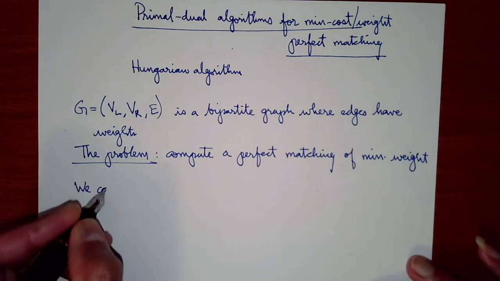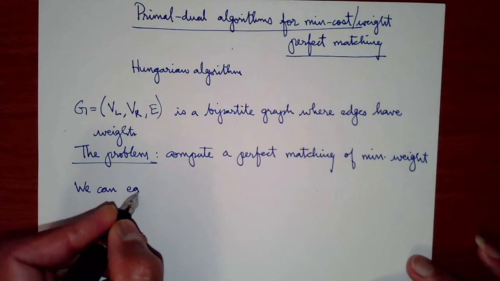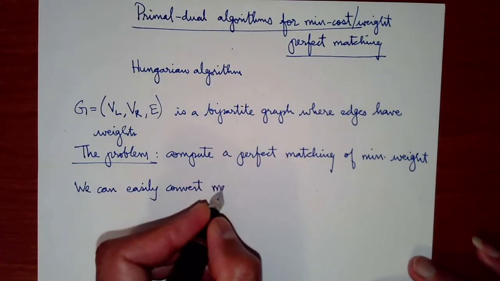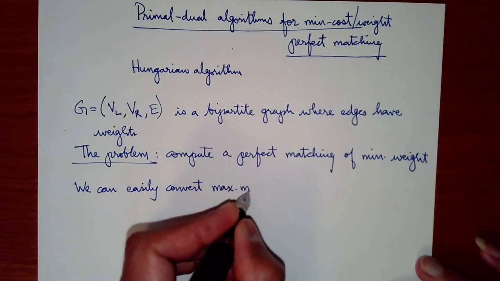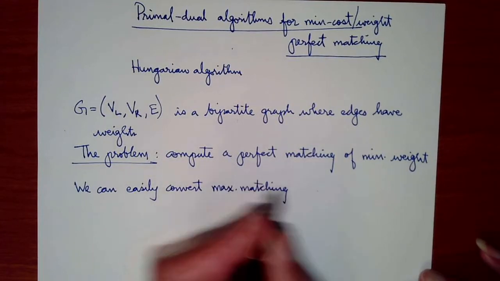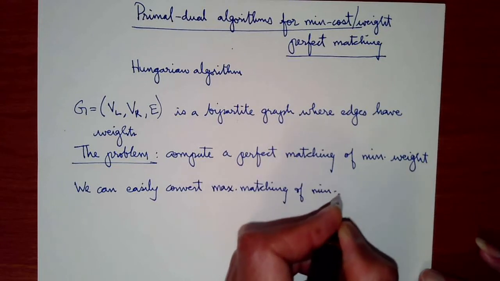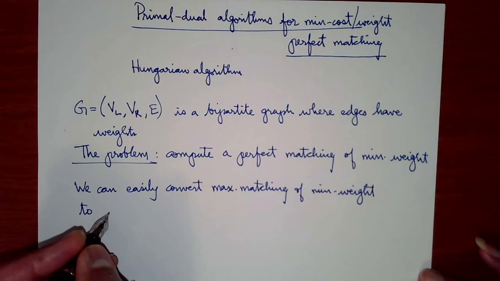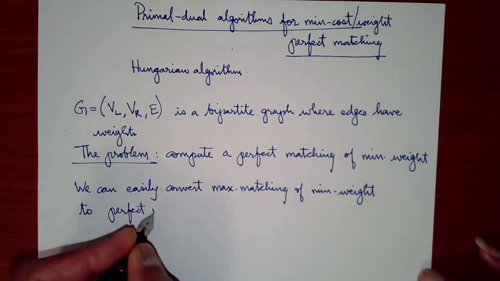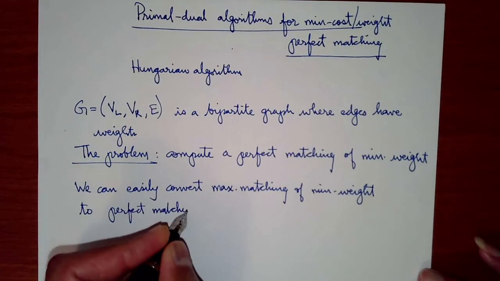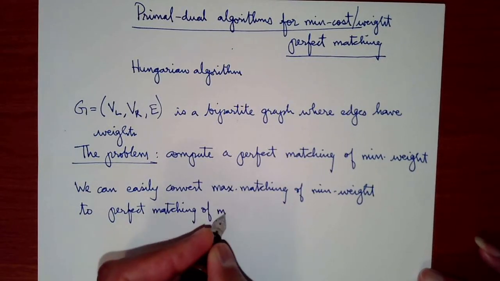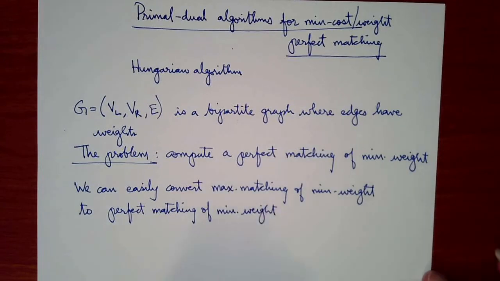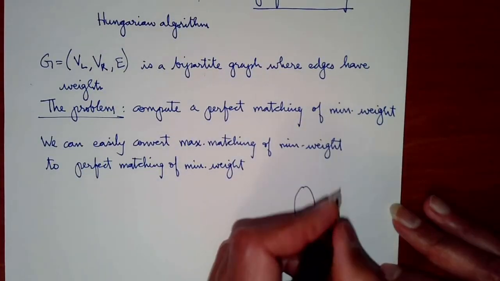So we can easily convert a max matching of minimum weight to a perfect matching of minimum weight. And I'll just draw a picture, and hopefully that picture will convince you.